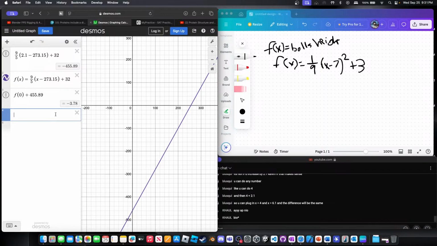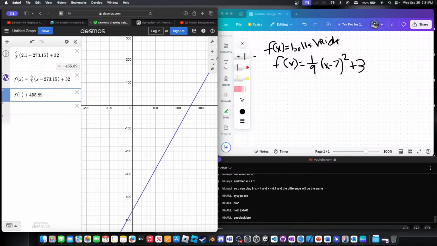Okay, so let's see. Judging by that, x equals 4, x equals 1, the difference will be the same. Okay, so if I did... Oh, I see. Okay, so if I did 2 plus f of 4.1 or minus, it would be 3.78.